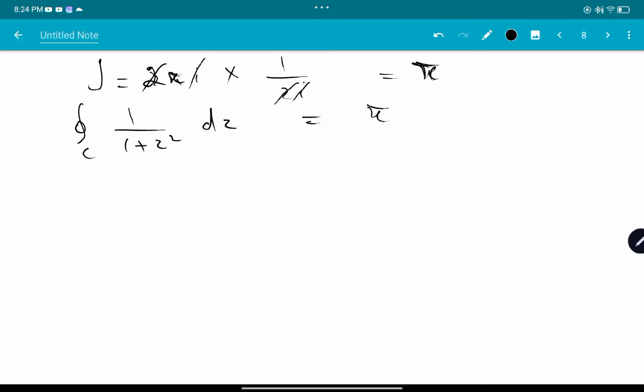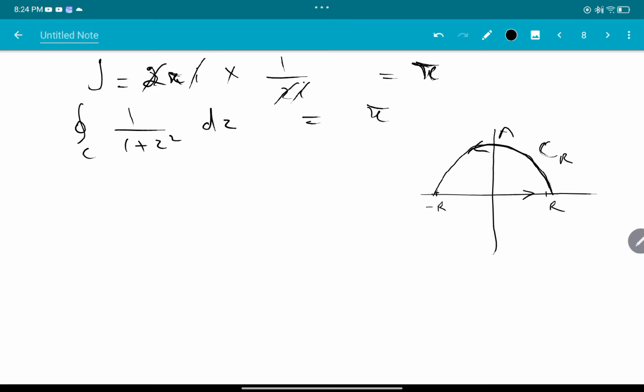Now see what I am going to do. This is my loop: the straight part goes from minus R to plus R, and the curved part of the loop we will denote by C_R. I will divide this integral into two parts.